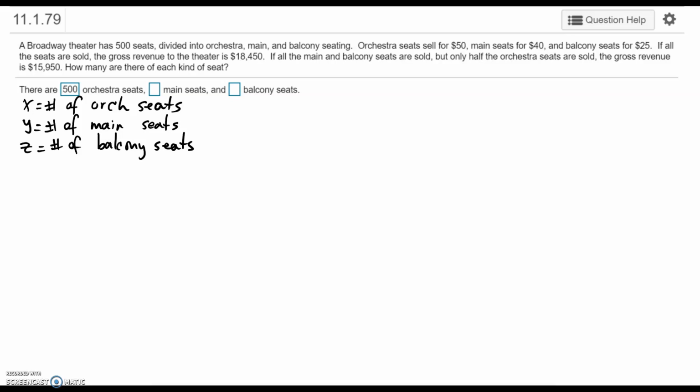So given the information we've read so far, when I add the number of orchestra seats, the number of main seats, and the number of balcony seats together, I get X plus Y plus Z. That gives me a total of 500. That's what that first sentence gives me.